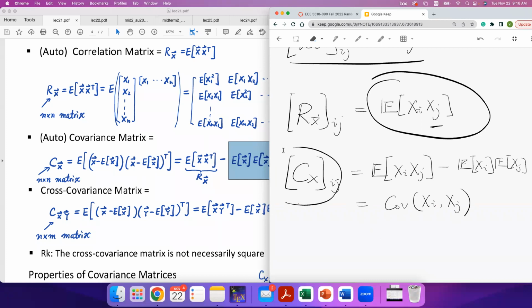So this autocovariance matrix simply collects all the pairwise covariances between these random variables in a big matrix.